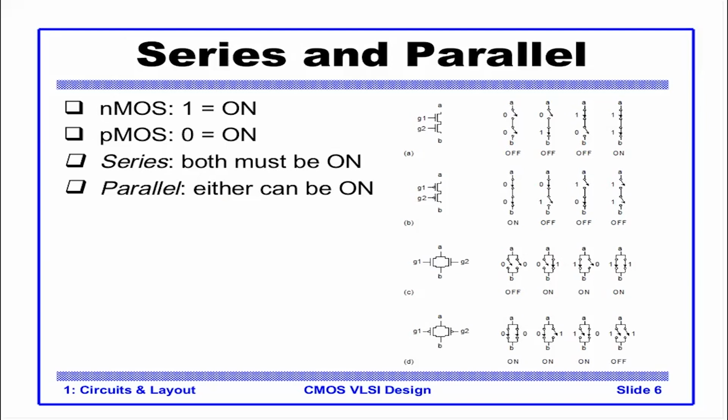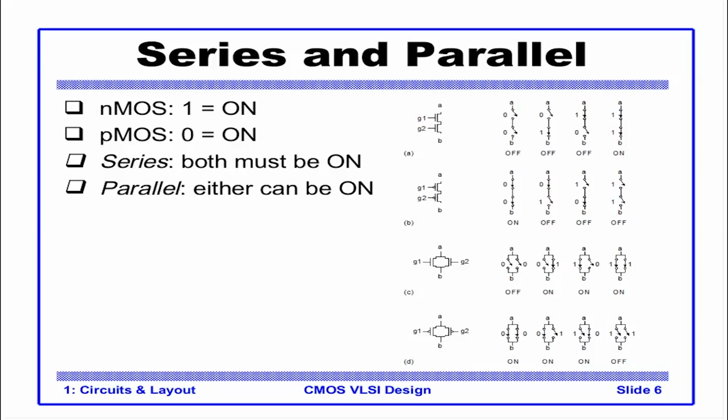So let's look at figure A. A is connected to B by a series of two transistors. They are both NMOS. So whenever both G1 and G2 are 1, A will be connected to B. You could say that the function being represented here is G1 and G2, like the simple truth table of an AND gate.